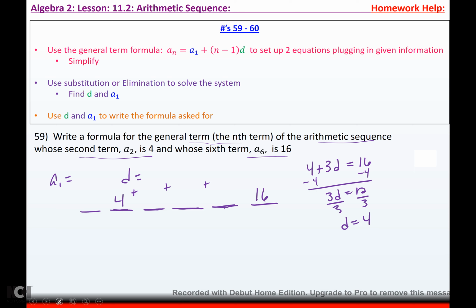And let's see if it works. Take away 4, this would be 0, add 4 is 8, add 4 is 12, add 4 is 16. Nope, and 1 off. Second, third, fourth, fifth, sixth term.